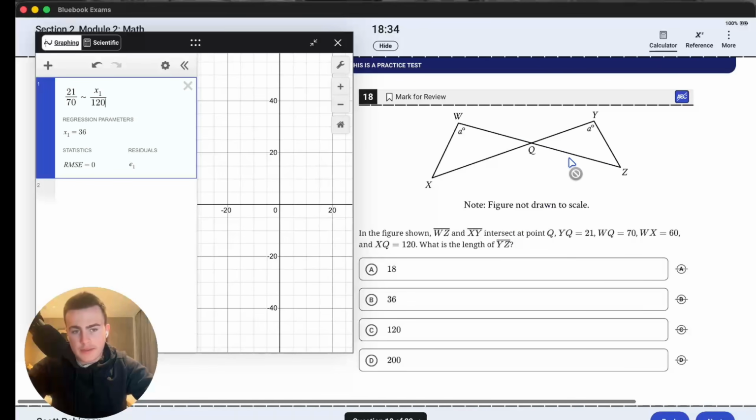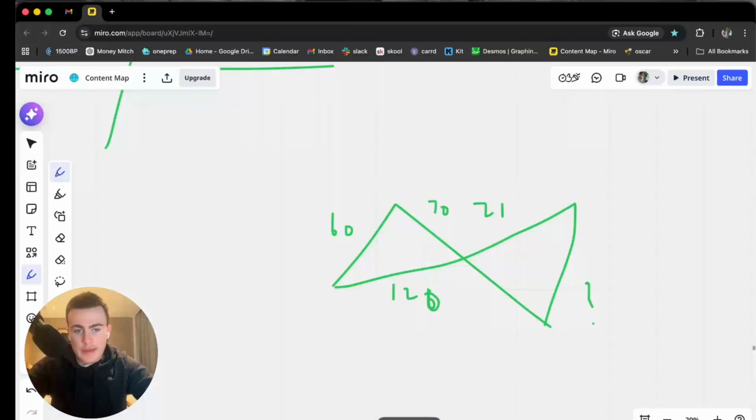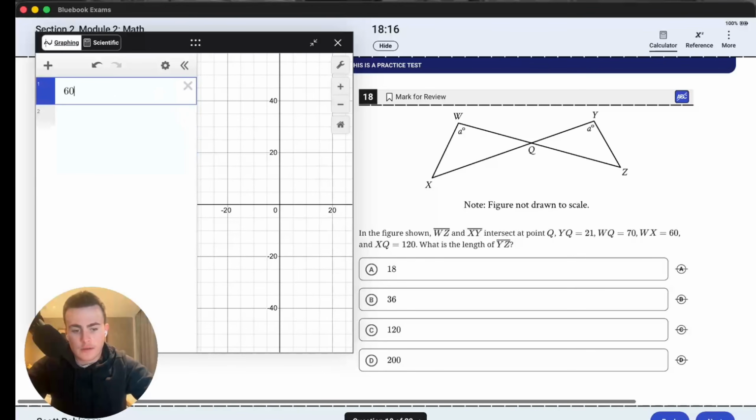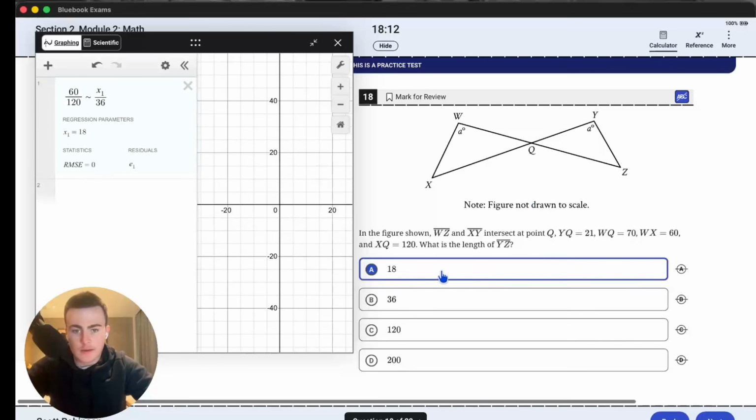Yeah, that's correct. Okay, this side is 36, right? We're not solving for that. That side is 36. We're looking for the other side. So what I can do is 60 over 120 equals something over 36. Same ratio. Great. This side's 18. Easy.